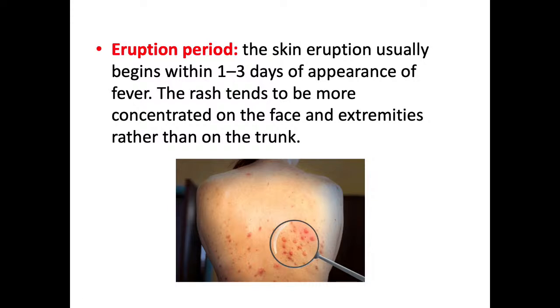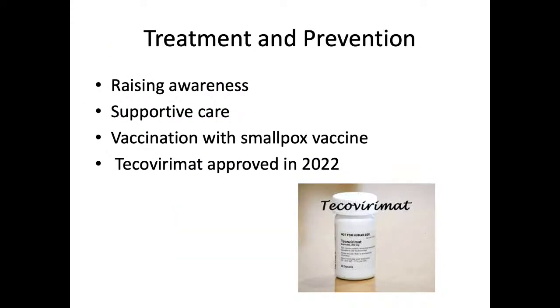Smallpox and monkeypox skin lesions can be umbilicated, and these skin lesions can be a few, or can be thousands. So different individuals may show different manifestations.